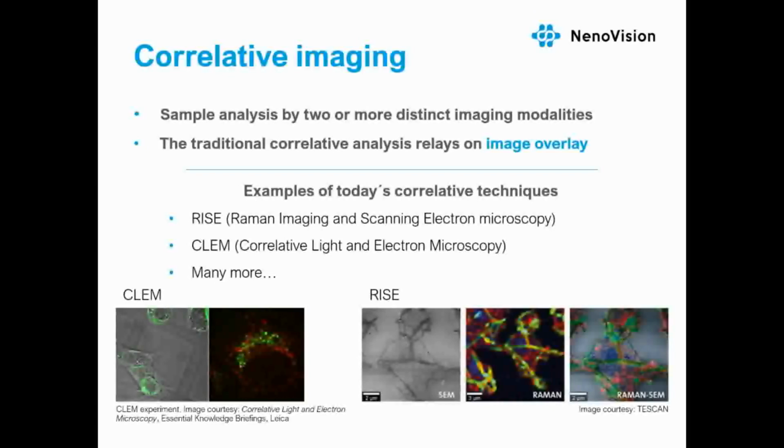Traditionally, the correlation is achieved by imaging the sample by several techniques subsequently, followed by data analysis and final image overlay. For instance, RISE, which stands for Correlative Raman Imaging and Scanning Electron Microscopy, belongs to this category. There are also approaches for simultaneous measurements of multiple signals, such as correlative light electron microscopy, shortly CLEM, combining an optical microscope with a SEM into one system.